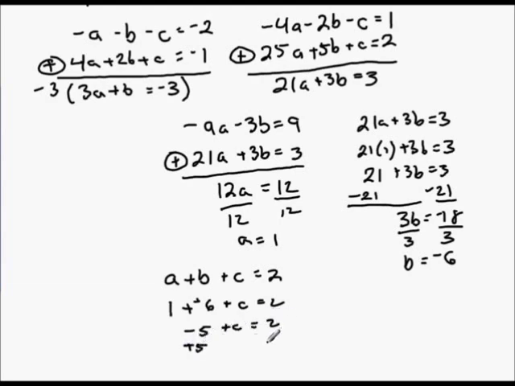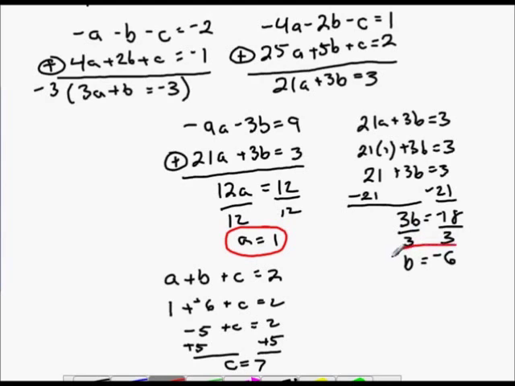If I add 5 to both sides of the equation, I wind up getting c equal to 7. So my a is 1. Let's just really make sure you got this down. So a is 1, b is negative 6, c is 7.